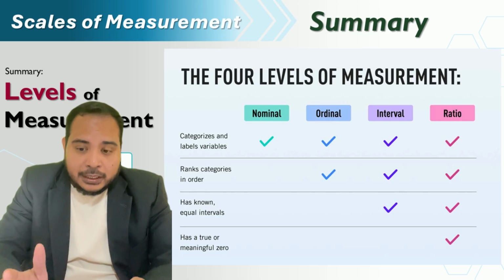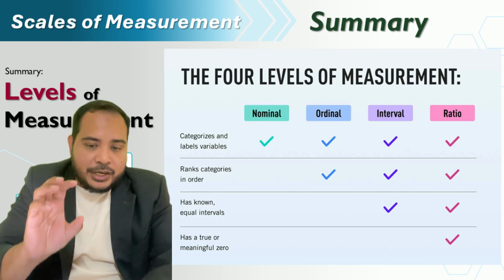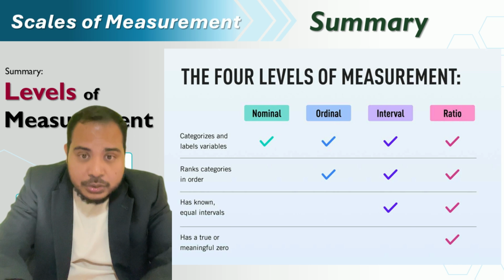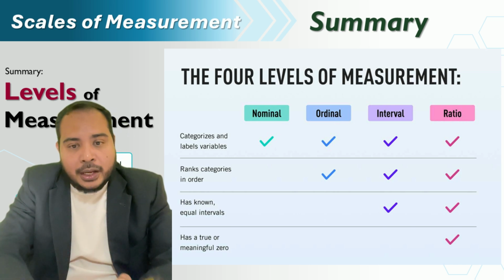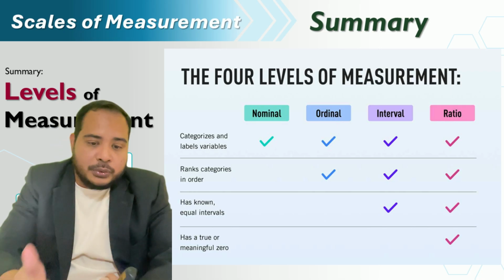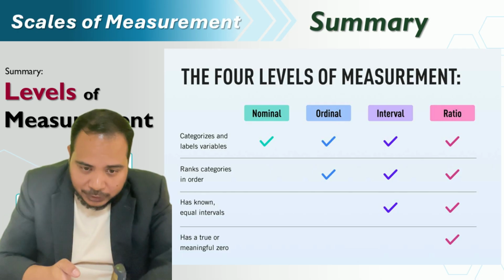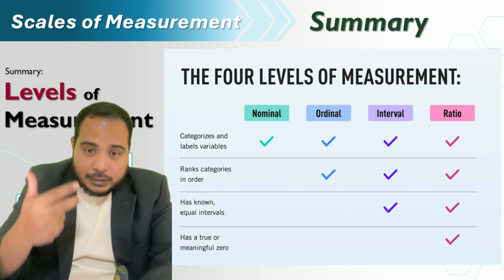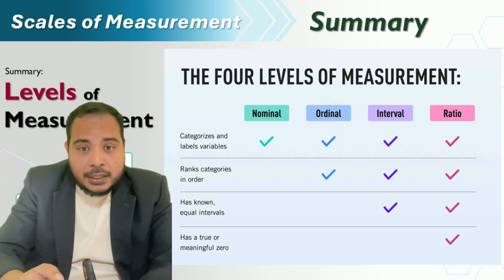On the other hand, if we are able to have a ratio level of measurement for our psychological tools, our psychological test, it will allow us to do all of the analysis, because it contains all properties of measurement. So what are the properties of measurement? Categorizing and labeling, ranking, equal intervals, and true or meaningful zero.